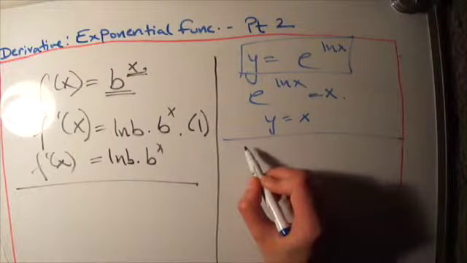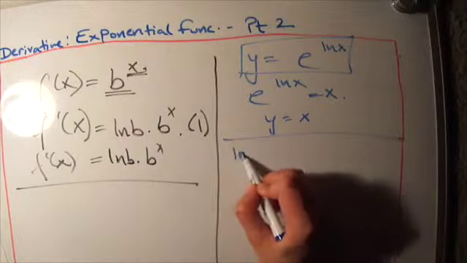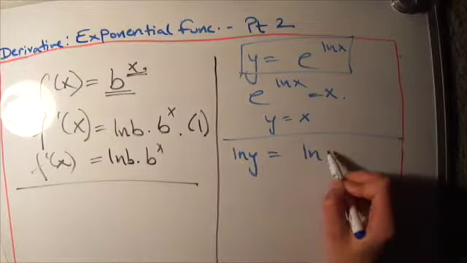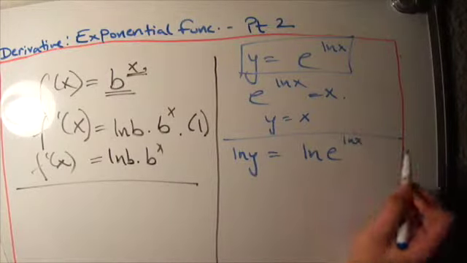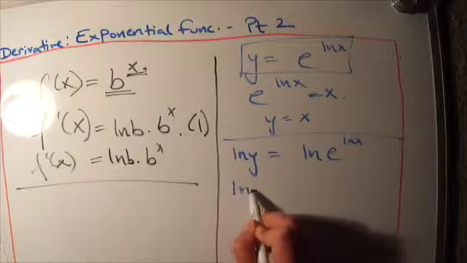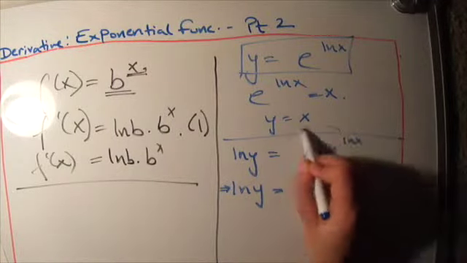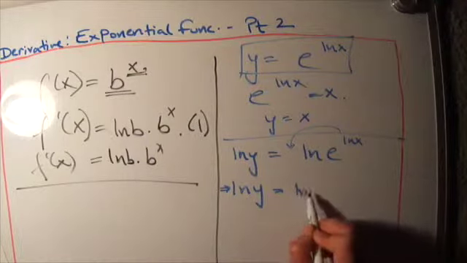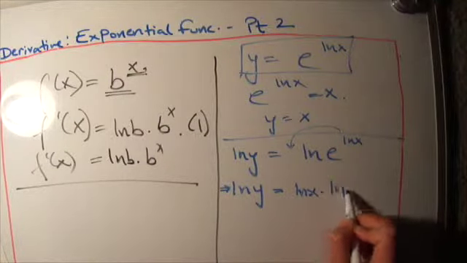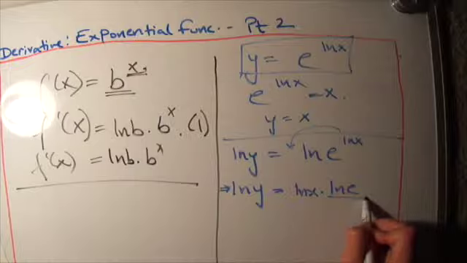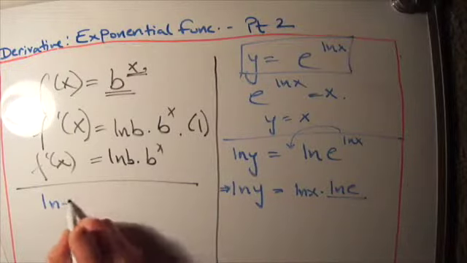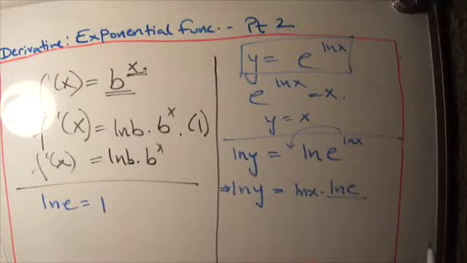So you would get ln of y equals ln of e to the ln of x. This would imply that ln of y equals, you can take this in the front, ln of x times ln of e. So another rule is that ln of e is 1.